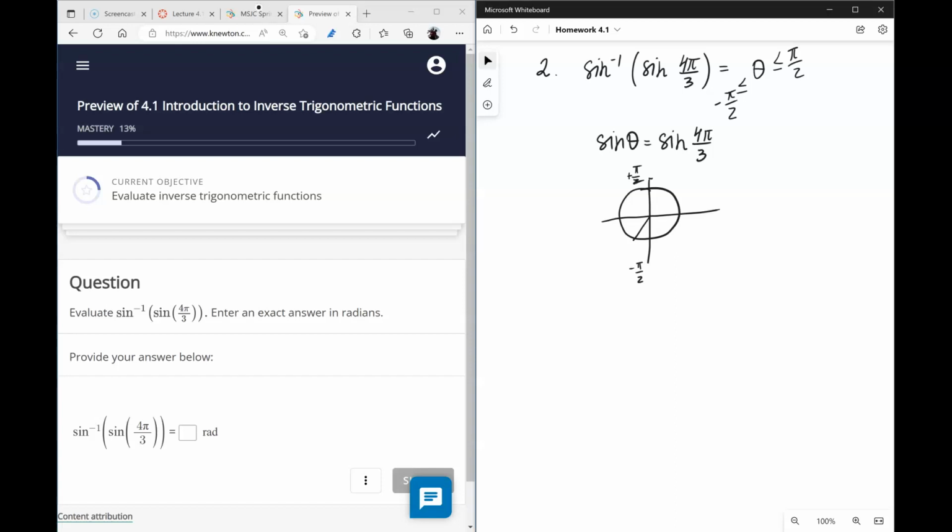So which angle in these two quadrants has the same sine? And the answer is it's going to be the negative pi over 3. So this angle has exactly the same sine as this angle. But this angle satisfies this condition. So the answer is negative pi over 3.